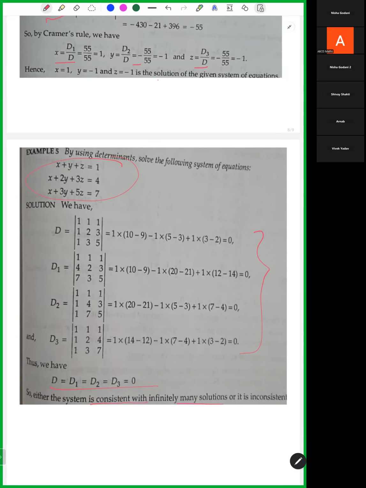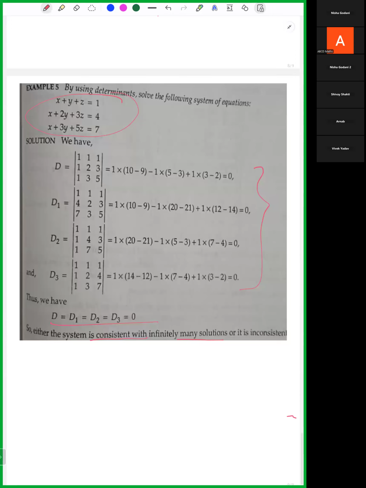Otherwise it is not consistent. So we cannot say that it is consistent. There is possibility of both. We will also learn one method in which you can say with confirmation whether it is consistent or not. But here you cannot say in this case when you have all determinants equal to 0.